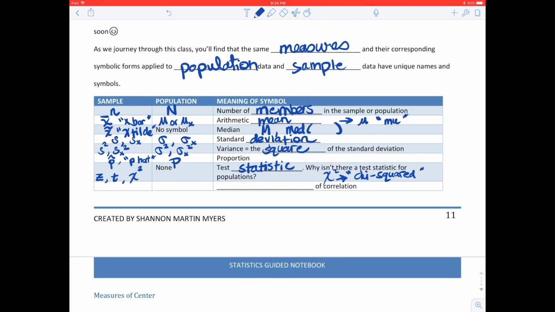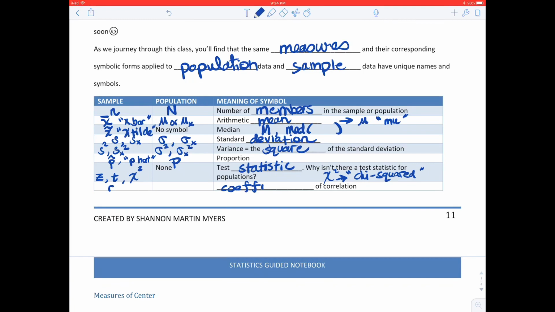Okay, and then R, you may have seen this before in your work life or just in other classes. R is the coefficient of correlation.